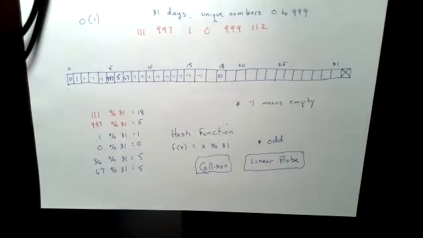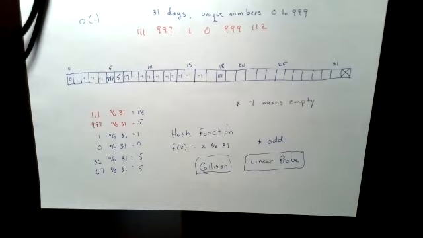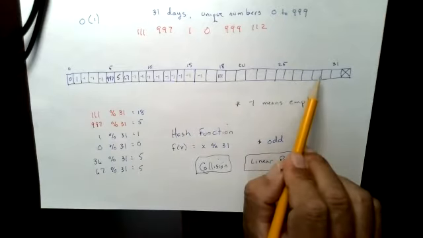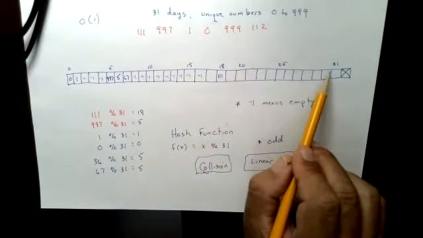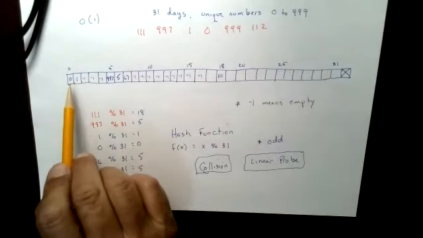Now, what's the problem here? Because of collisions, I keep moving to the right and I keep filling things in. What happens if the first 30 of these are filled in, and finally I get the number 0 and go to put 0 in?